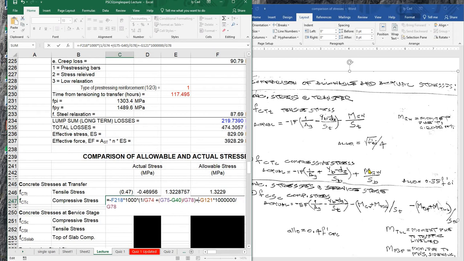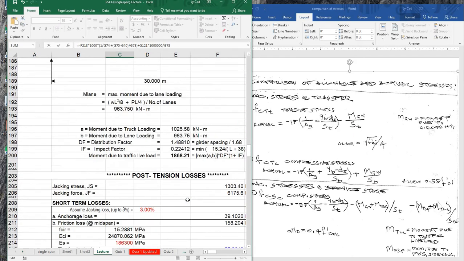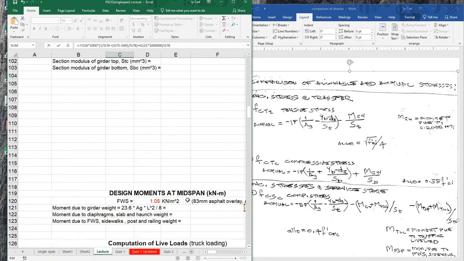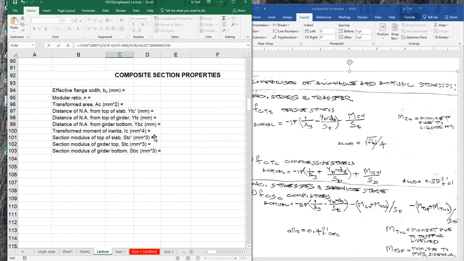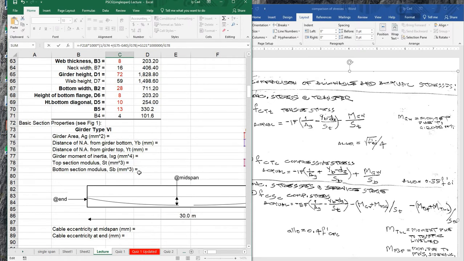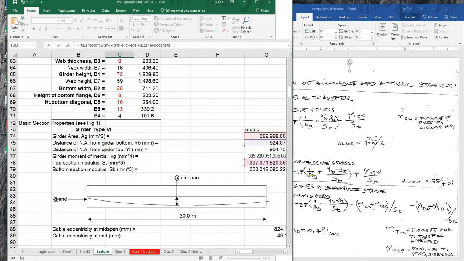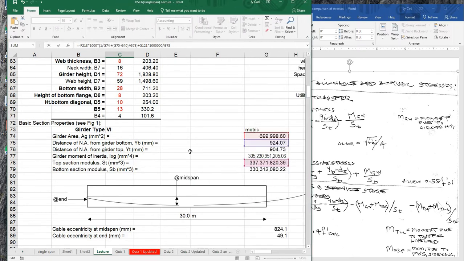Ito siya, plus. And then, yung S sub T, okay, magiging S sub B. All you have to do is to scroll up hanggang makarating ka sa S sub B. Ito siya. Ayan. So, all you have to do now is yung S sub T, click mo lang yan, then drag mo sa baba.